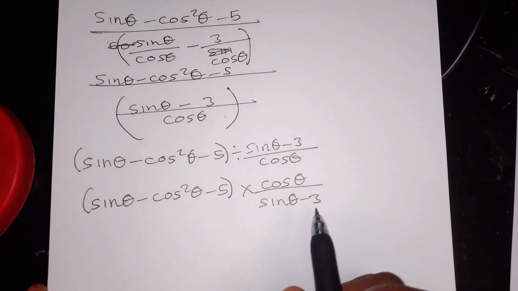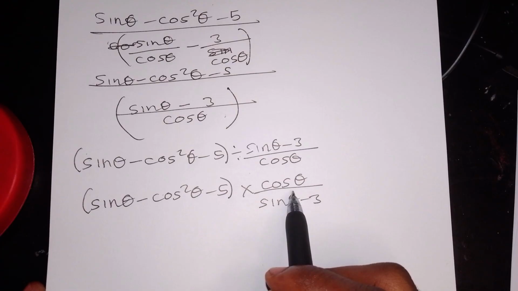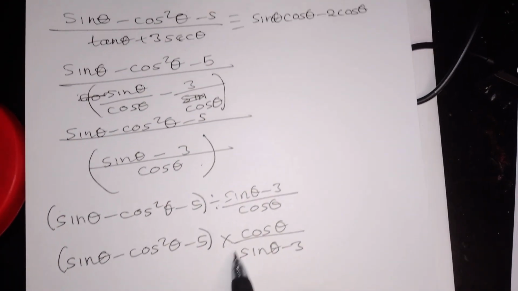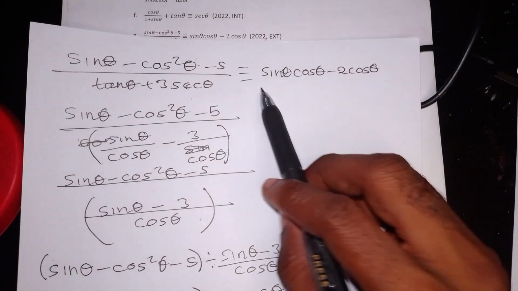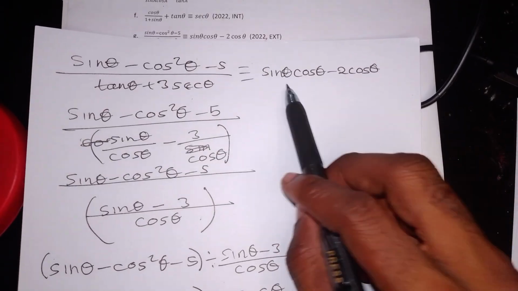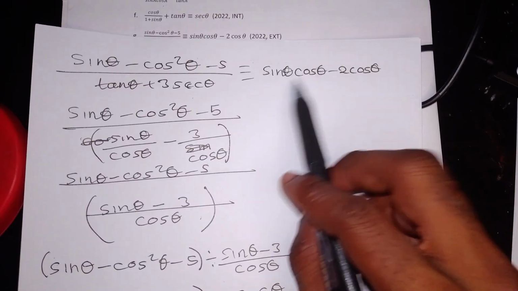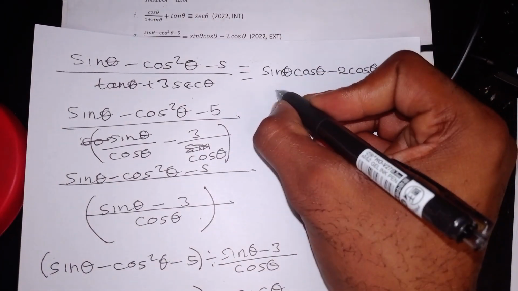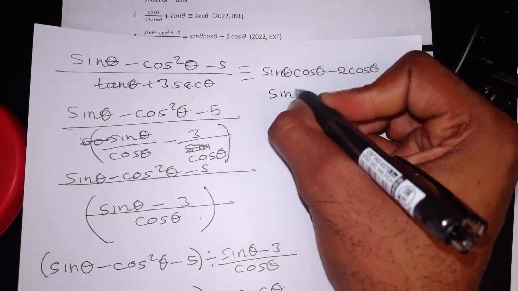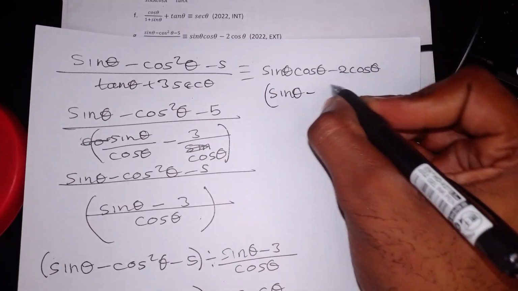So now you can expand, but okay, I don't think it's a good idea to expand, because when you look at this, it is showing you that something was being multiplied by cos theta. So maybe you can just factor the cos theta here.